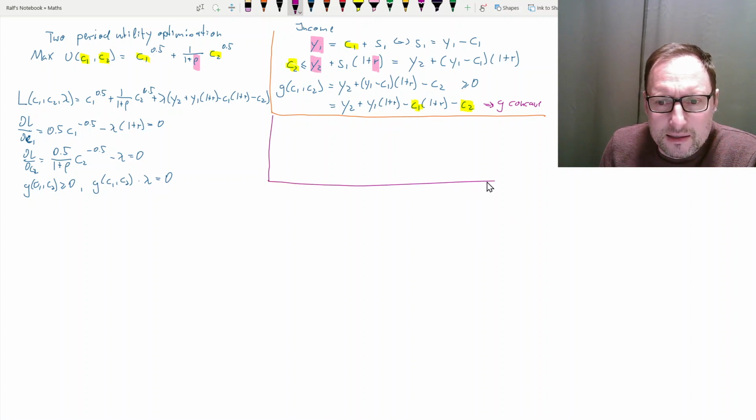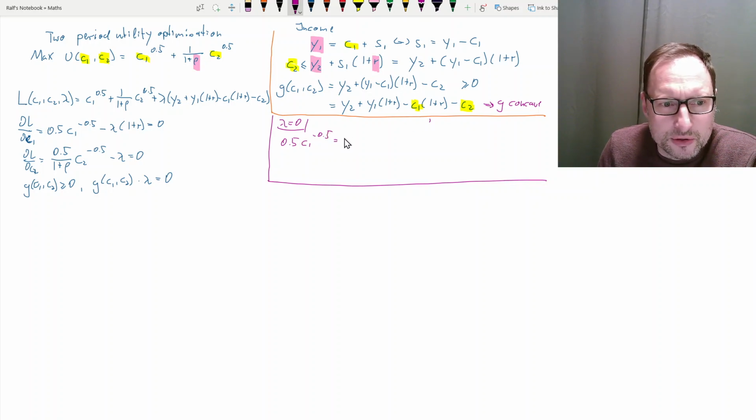But let's slightly formalize that by actually calculating the first order partial derivative. So let's just do it properly. We set lambda equal to 0. And then from the Lagrangian conditions, we get 0.5 c1 to the negative 0.5.